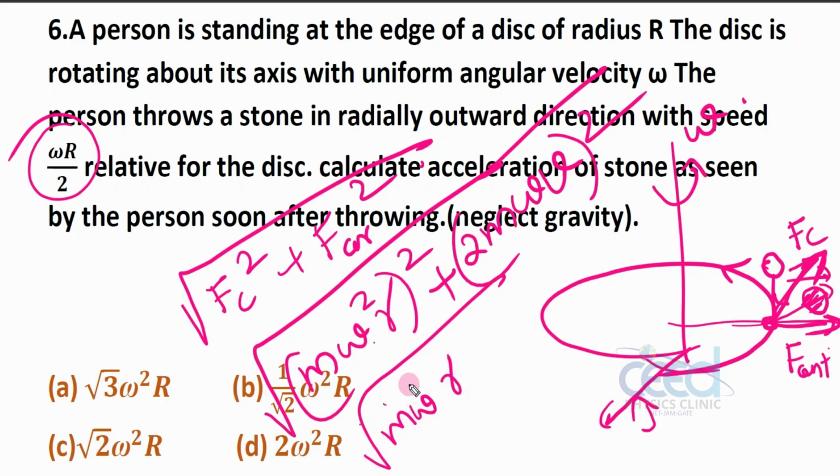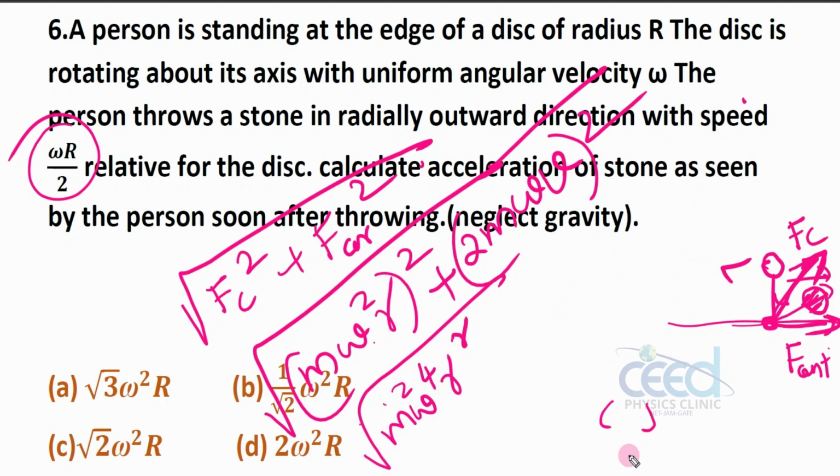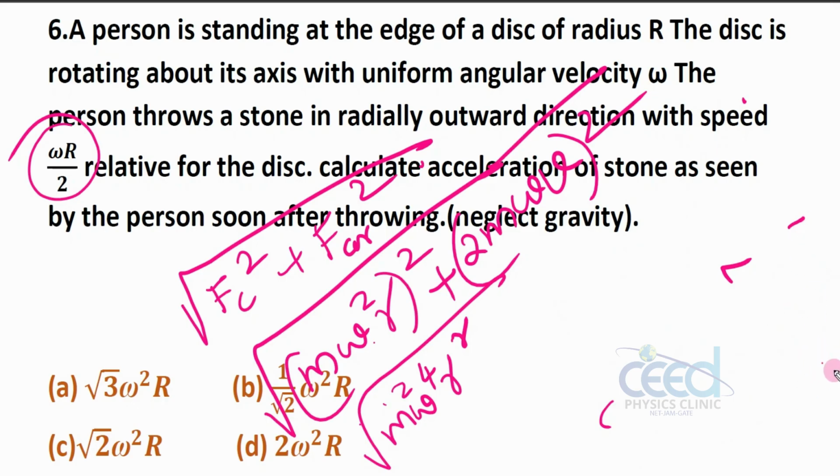So let me expand this, m square omega raised to 4 r square here. Now let me erase this all. Here 4m square, and v they gave in the question as omega r by 2, so I can replace v with omega r by 2.